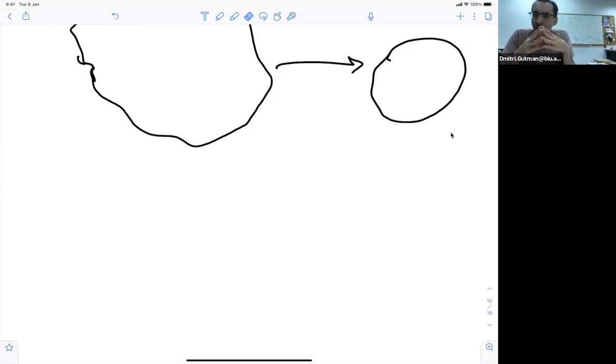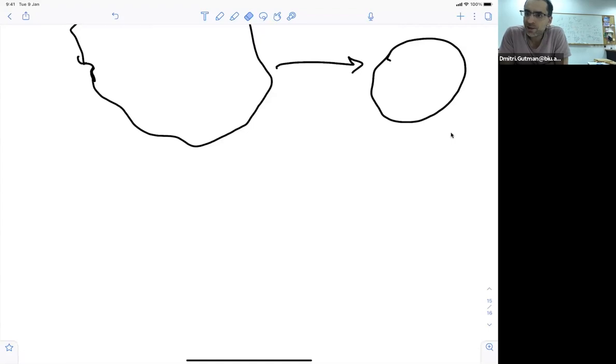Define "exist", because I think you mean something which is not what mathematicians mean. In the mathematical sense, such a transformation always exists because Riemann's mapping theorem tells you precisely that any simply connected domain can be mapped to any other simply connected domain, in particular to the unit circle or upper half plane.